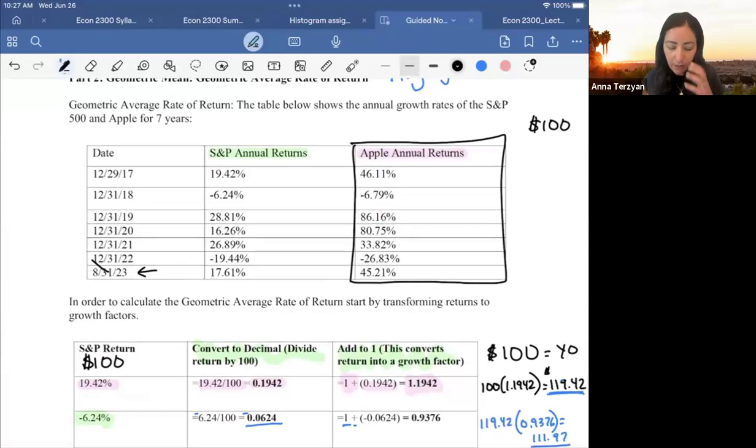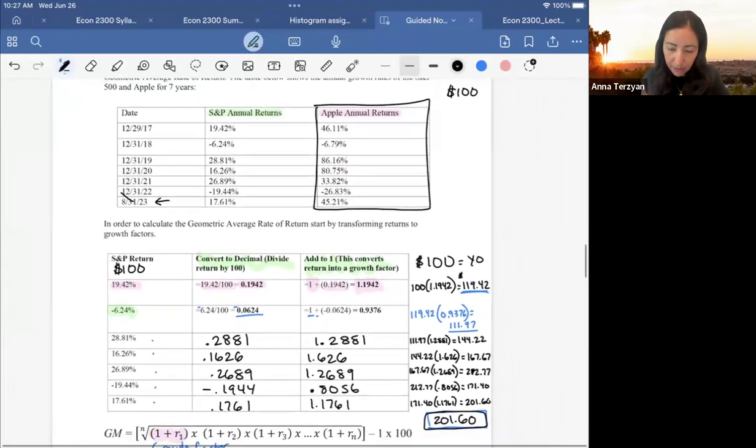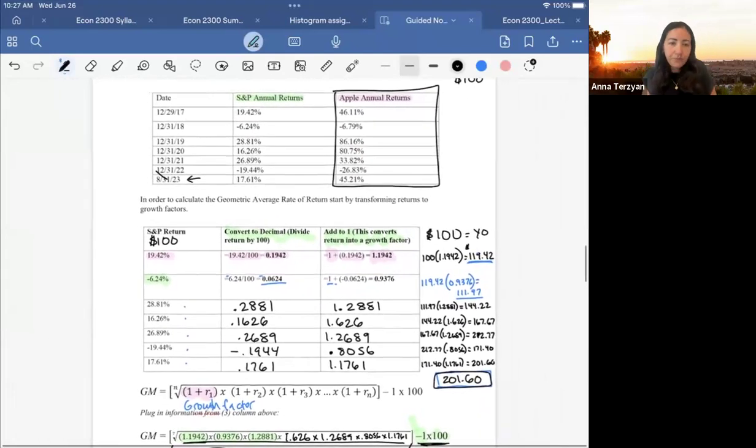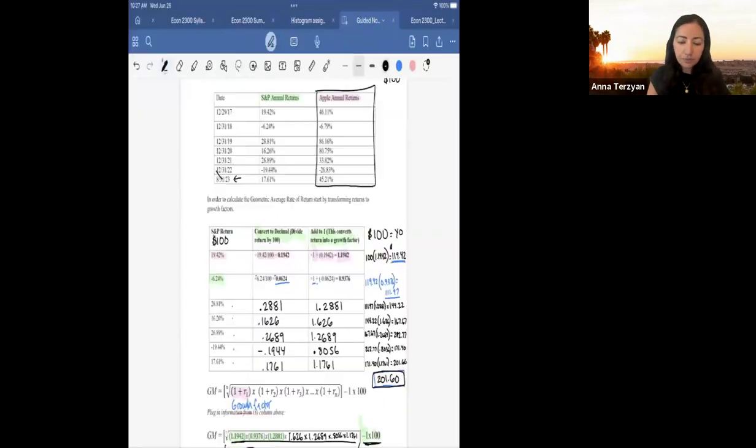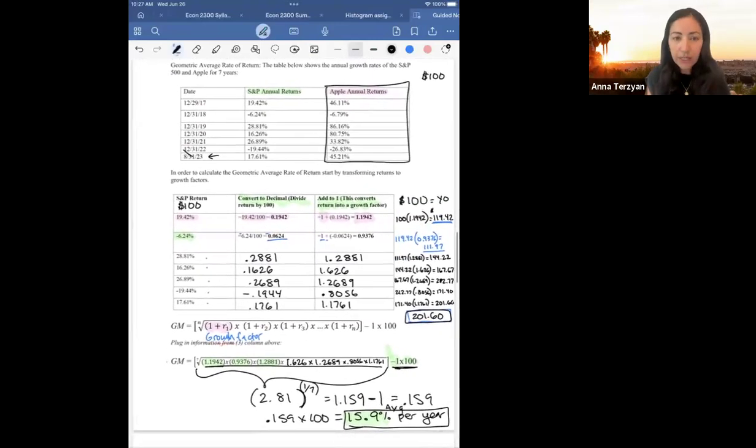I'll give you guys, let's see, what do you want? Is this visible for you guys? Clear? Okay. I want you to do it for Apple. Here's your data.